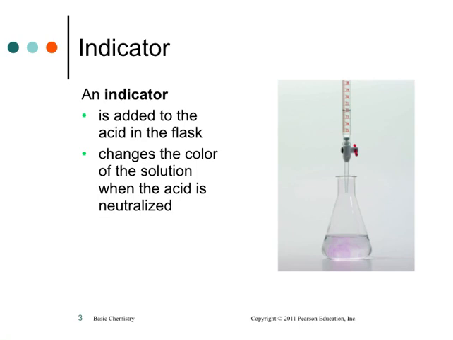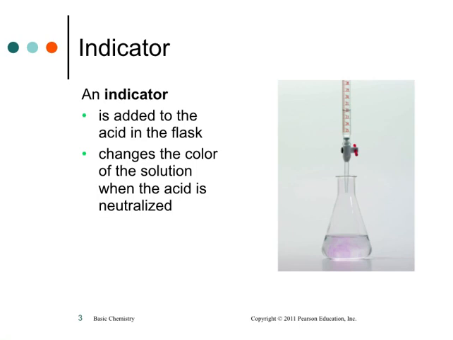It'll be one color when it's an acid, and another color when it's neutral. Or it may be invisible and then show up as a color at a certain pH. Normally we use phenolphthalein, which will turn pink at exactly 7, which is really good.